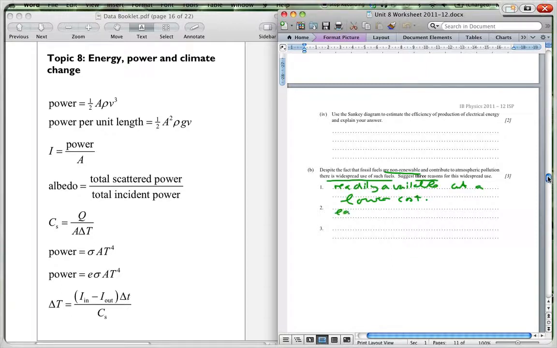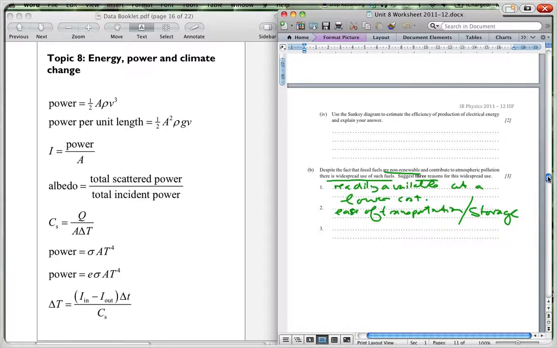There's the ease of transportation. You can transport them, and storage of them. You can store them, as far as fuel oil in storage tanks, and then use it when required.